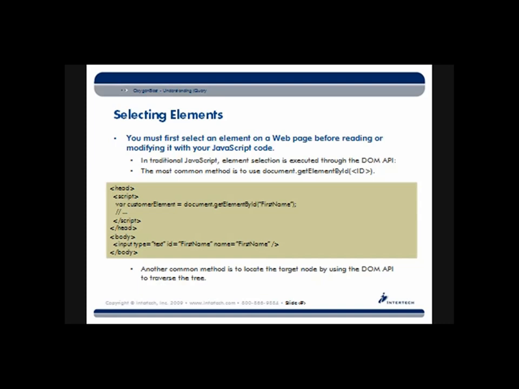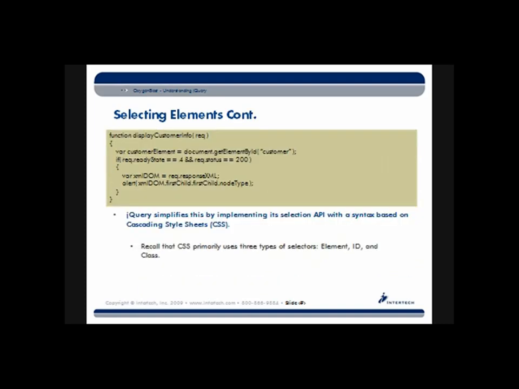Another common method is to locate a target node, once I have one, and traverse the DOM tree. So here's an example of that, and ignore most of this code. Let's see if I can get a pointer going. There we go. So ignore most of this code except for where I'm pointing right now. This is really the end result of a callback function from an AJAX request.